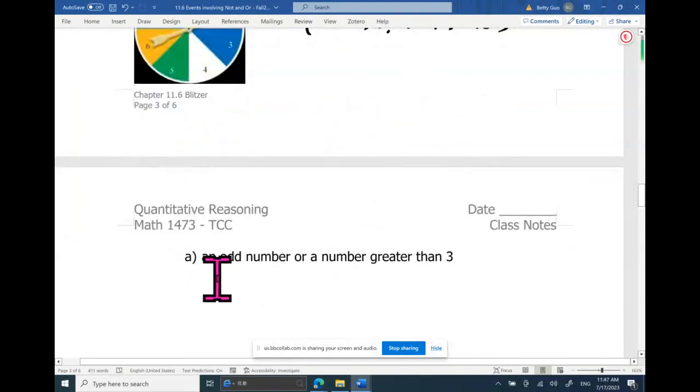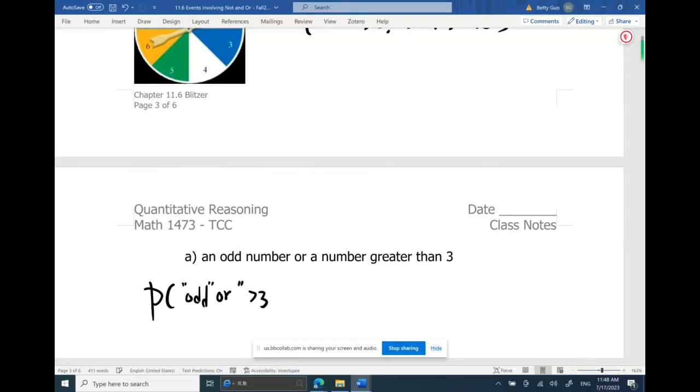We are looking for the probability of getting an odd number or a number greater than 3. So this is where we're going to find the probability of getting an odd number or a number bigger than 3.